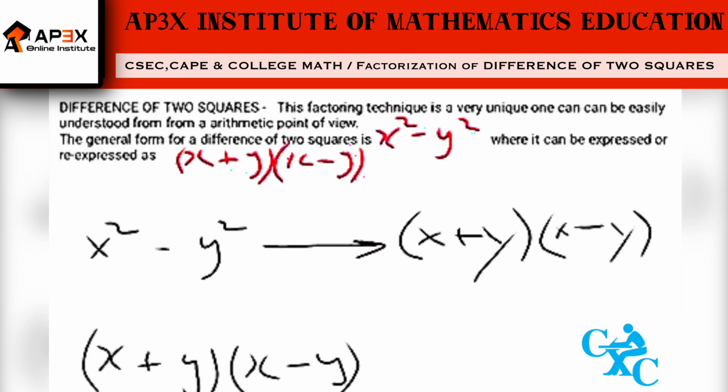I'm going to break it down from an algebraic point of view, and we're going to be using the knowledge that should have been garnered from a previous video that I did about the distributive law. So the distributive law is really the basis from which this expression is derived. Now, as you can see here, I have x squared minus y squared, which is basically the same thing as x plus y in brackets and x minus y also in brackets.